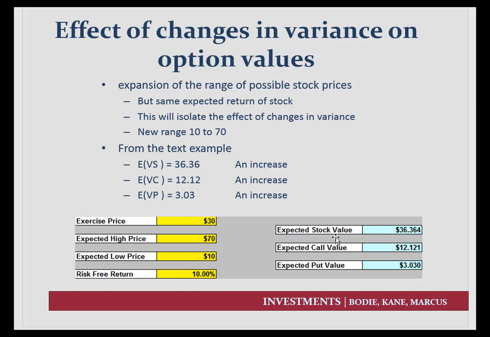The expected stock price is 36.34. We've got that. So that went up. The expected call, that increased. And actually the put also increased. So when you increase the variance, the range of opportunities for the price to move in, that will have influence on increasing both the call values and the put values.